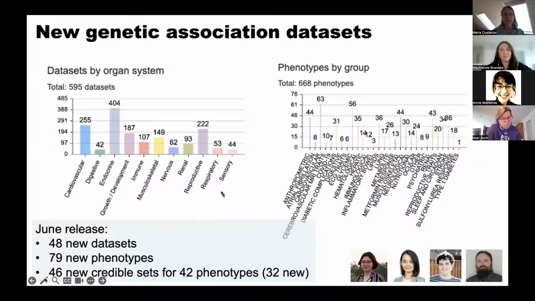Together, they've developed a system that has allowed us to way ramp up our loading of data sets. For this upcoming release, we're loading 48 new data sets representing associations for 79 new phenotypes. We're also loading a lot of credible sets, which I'll come back to in a minute.